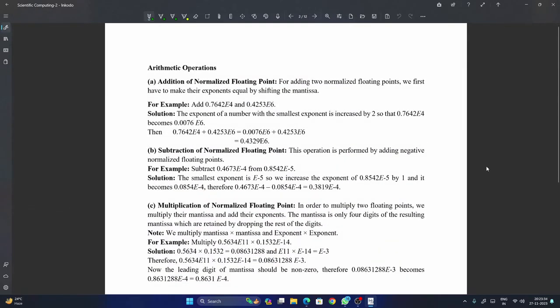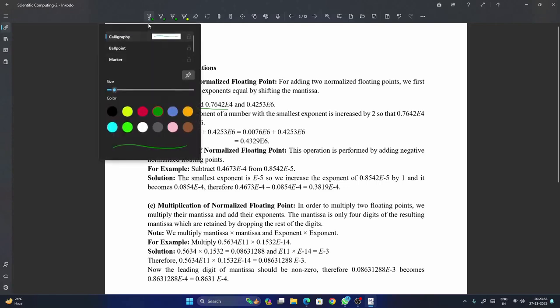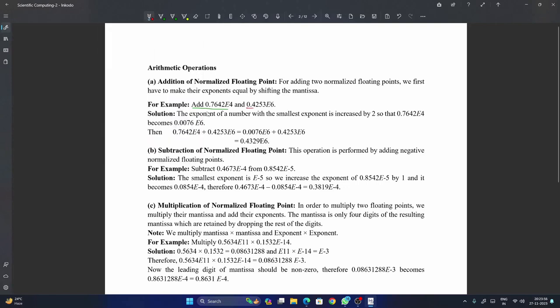First of all, the addition of normalized floating point numbers, where suppose we have taken only 4 digits in the mantissa part. There are two numbers: one is 0.7642 e4, that means exponent 4, and the other is 0.4253 e6, exponent 6.